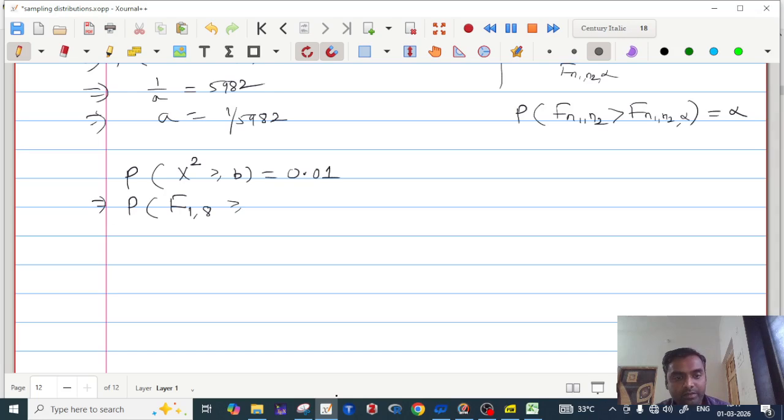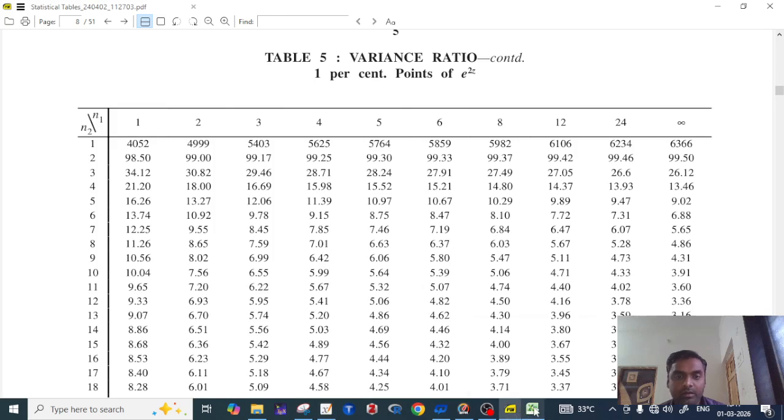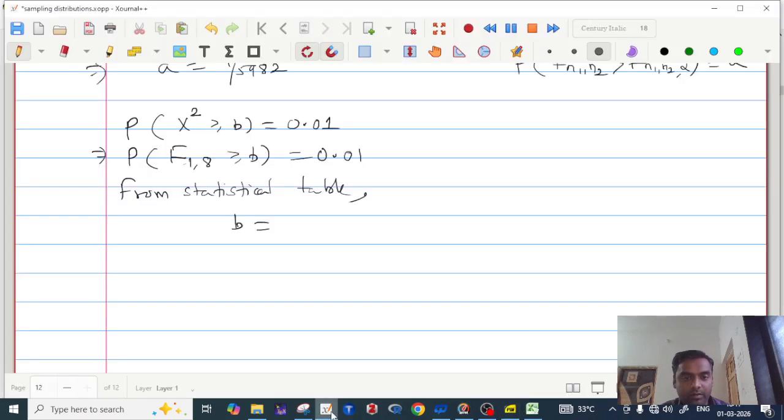From the statistical table, take n1 is 1 and n2 is 8, so the answer is 11.6. So B is equal to 11.6.